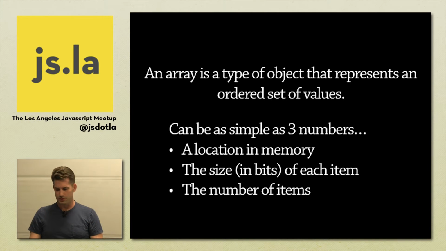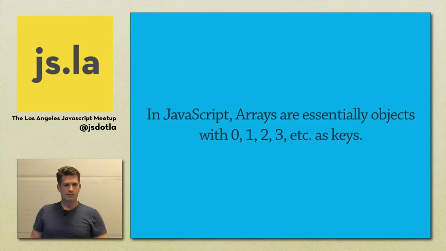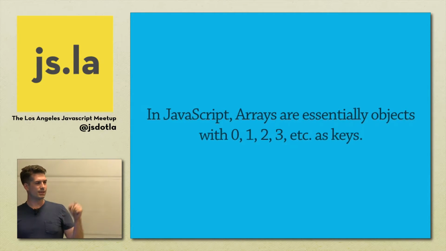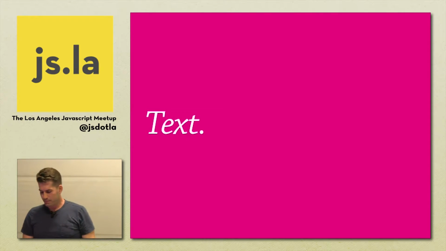JavaScript is fortunate to be able to flex with the size of your array. You can have an arbitrary number and it knows how many items are in there based on how many you've assigned to it. Arrays are really just a syntactic sugar around an object that has these keys that are numbered. So this is sort of what's going on in the background there.